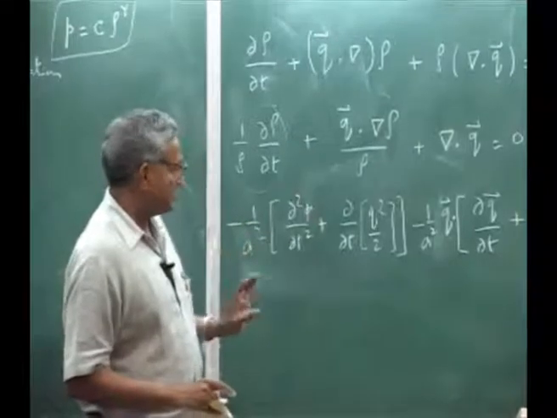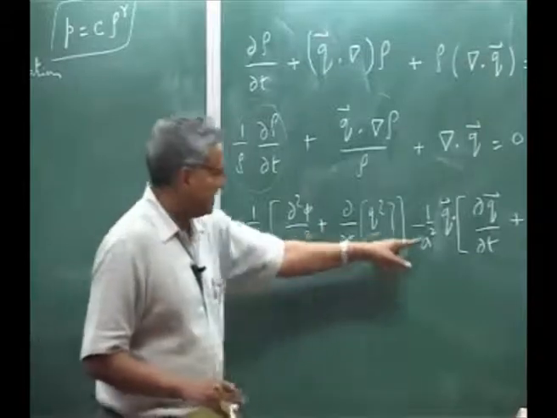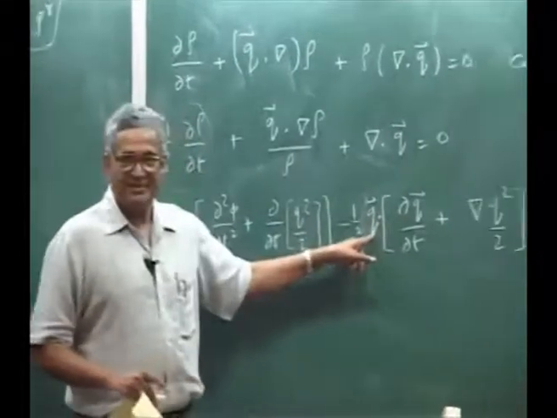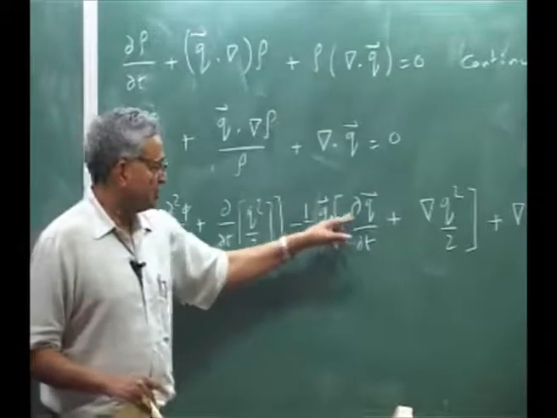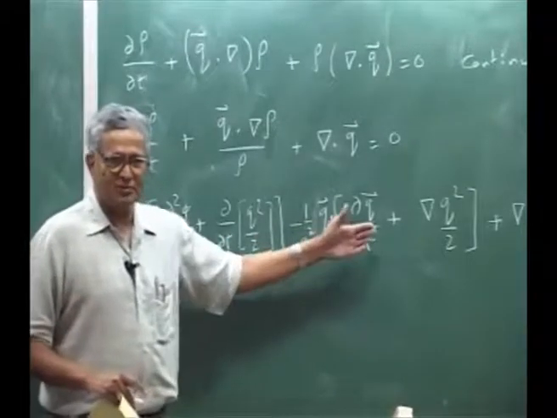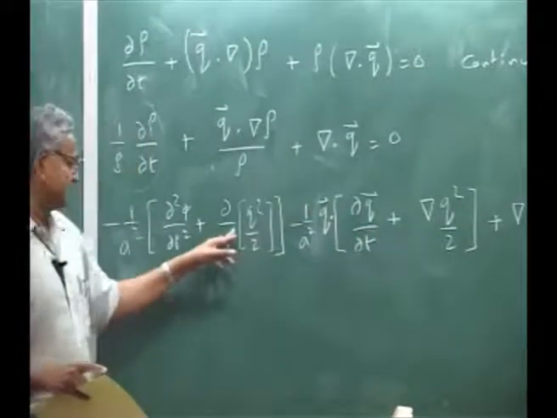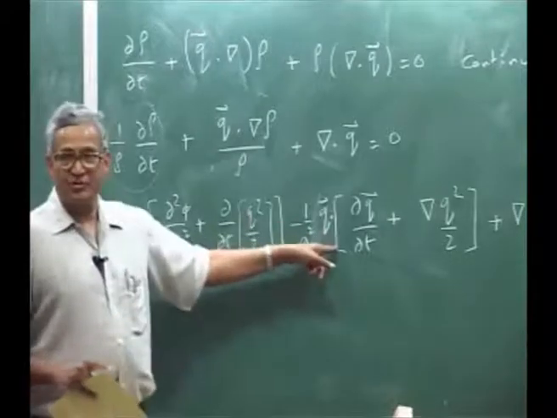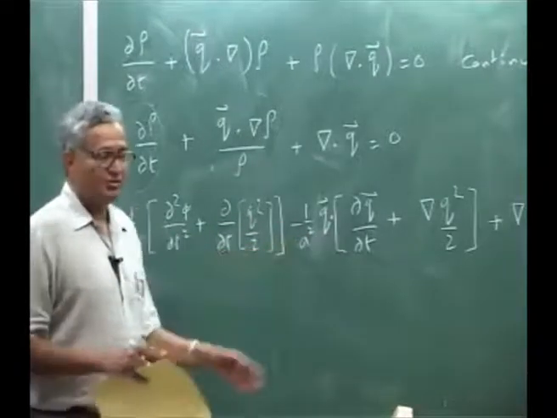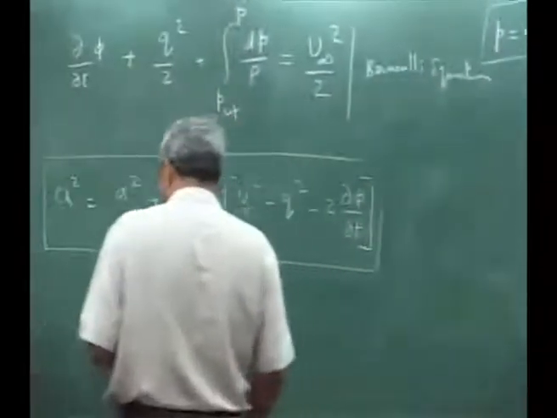This term is remaining as it is. This will be delta by delta t q square over 2. This term is again q square over 2 you will have, because this is q dot delta q by delta t is q square. This and this will add, and you will have only q square. Now I can write my full equation like this.